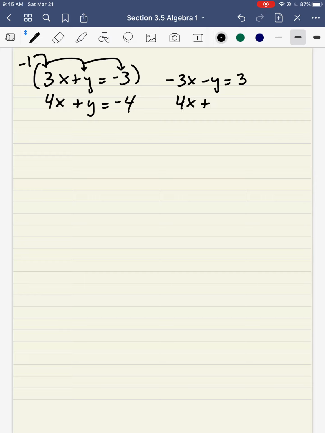Rewrite the bottom equation. 4x plus y equals minus 4. Now when I add them, I get minus 3x plus 4x is a positive x. My y's make a 0, minus y plus y equals 3 take away 4 is a minus 1. So x is minus 1.